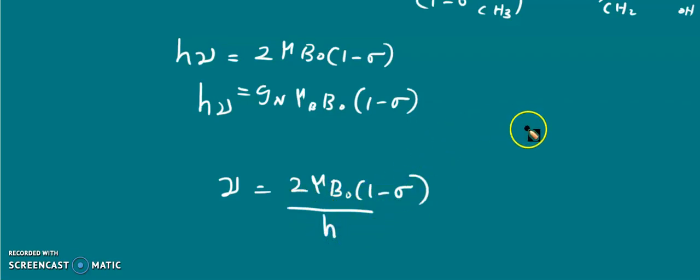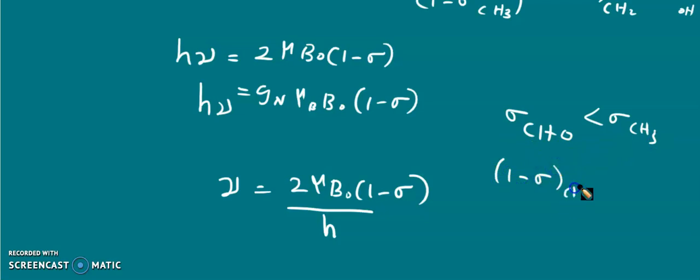But in the case of acetaldehyde, we have seen that sigma of CHO is less than sigma of CH3, and therefore 1 minus sigma of CHO is greater than 1 minus sigma of CH3.